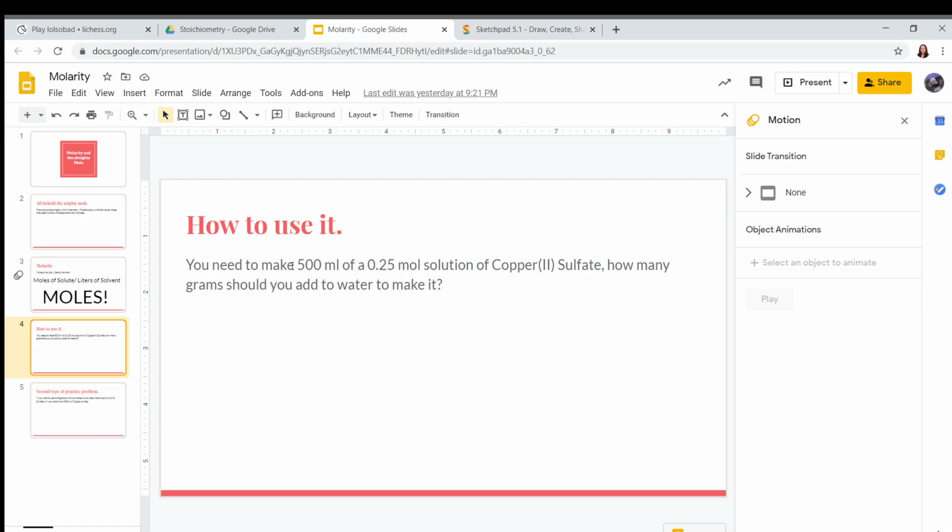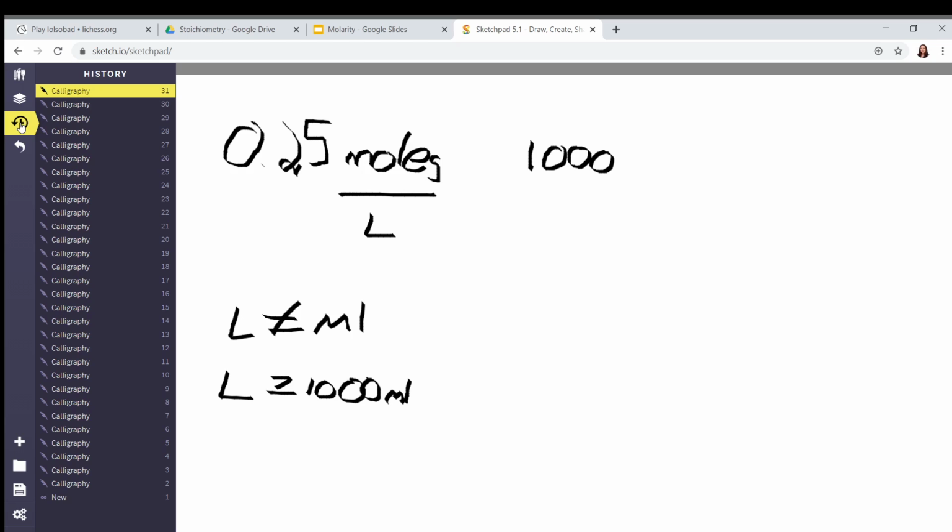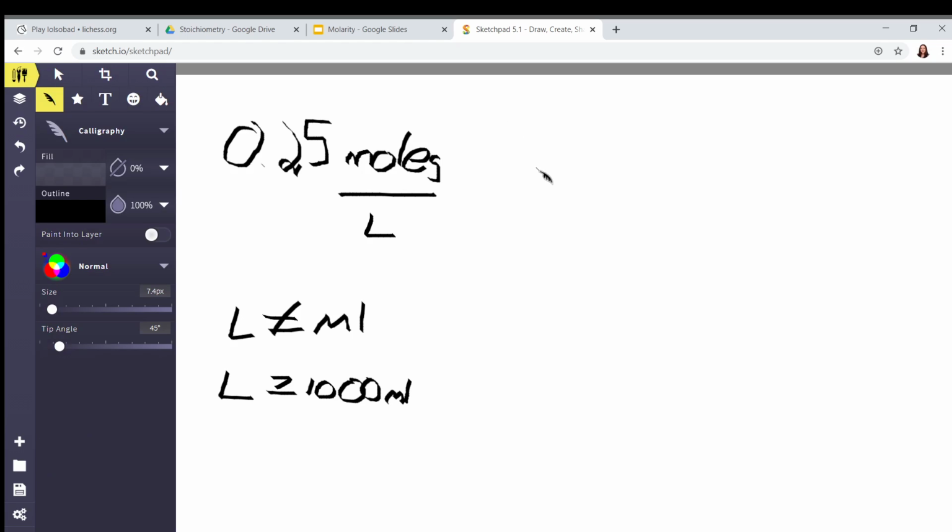Therefore, we could take however many milliliters we have, in this case 500, and divide it by 1,000. So 1,000 milliliters turns into a liter. That would give us 0.500 liters.